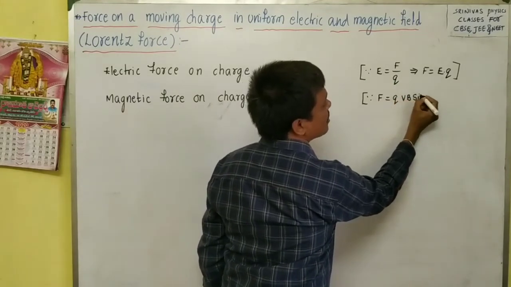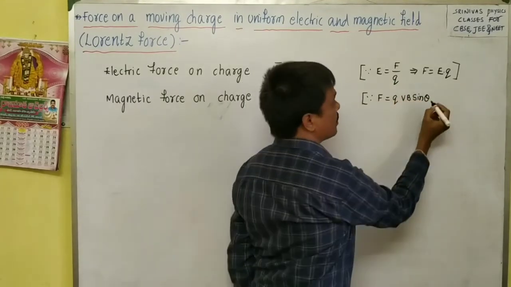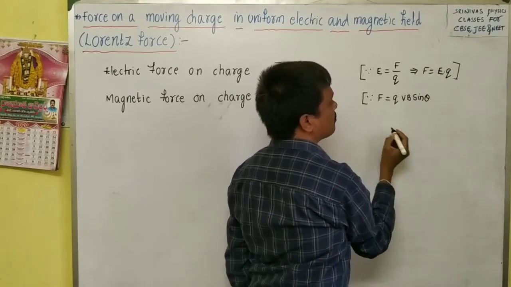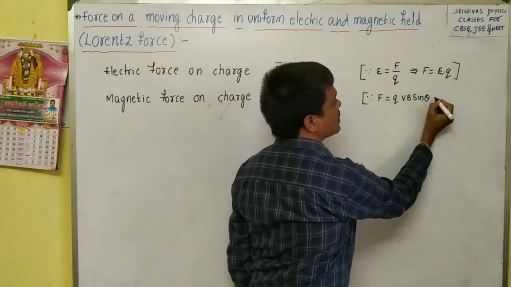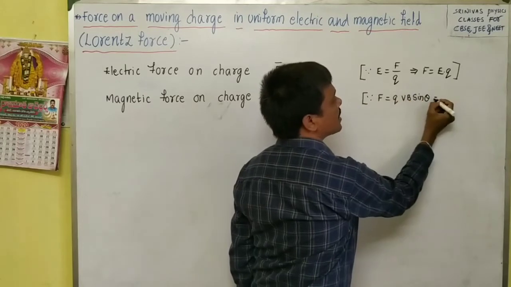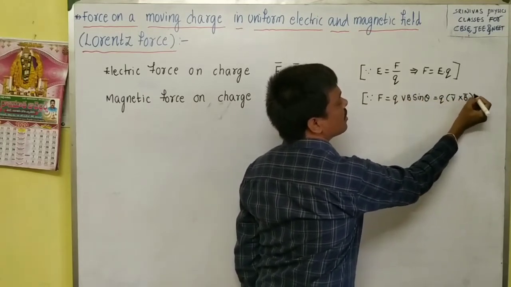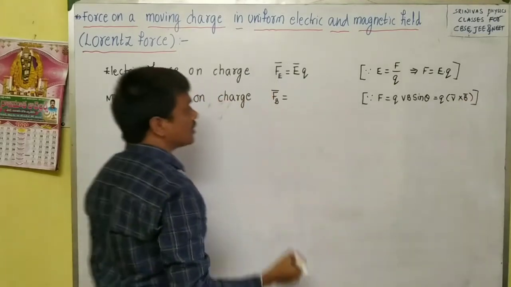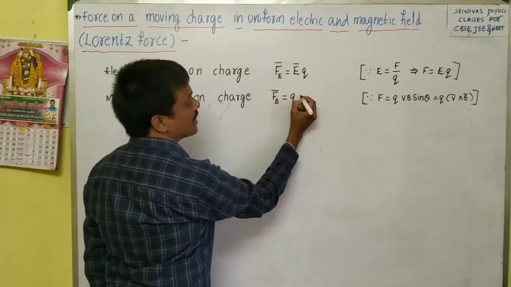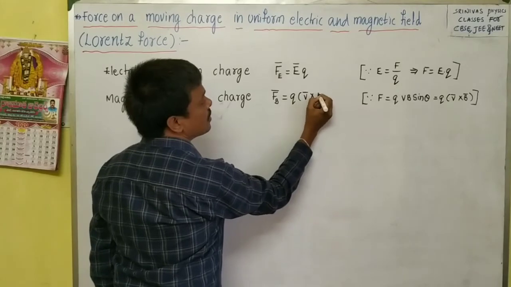This is the magnitude form. If you want to express it in vector form, then the formula is Q into V bar cross B bar. This is the force in vector form.